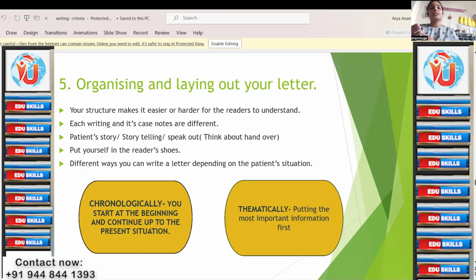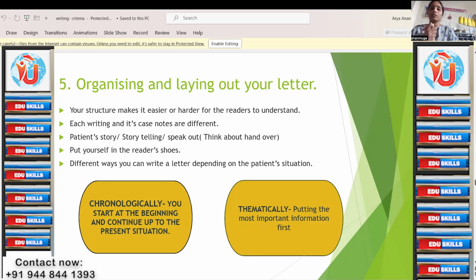Another way is thematic. Thematic means each paragraph has a particular theme. For example, the first paragraph has the present condition, the second paragraph has the past medical history, and the third paragraph is a recommendation paragraph. Like that, each theme has particular information.